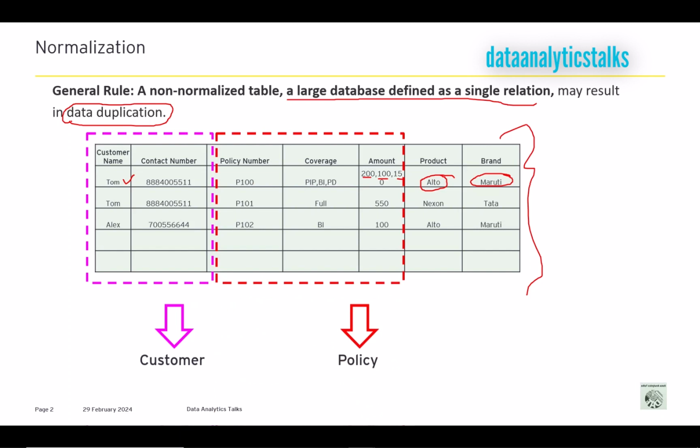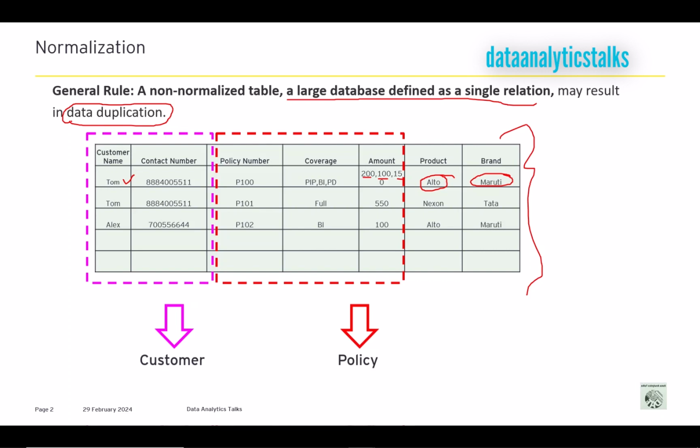Policy has a number, policy has a coverage. It has one coverage or multiple coverages, right? And for each coverage you have to pay separately. For PIP, you pay one amount. For BI, you pay another amount. For PD, you pay another amount.